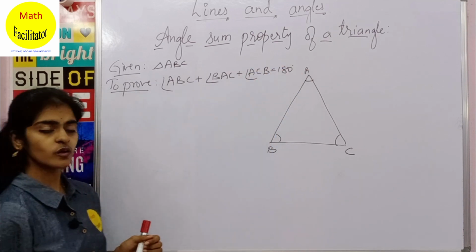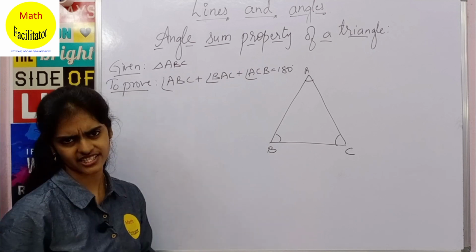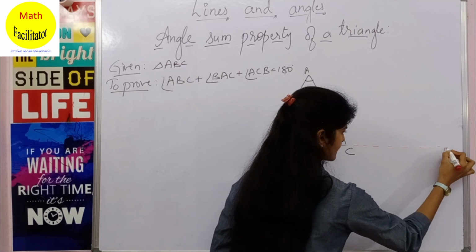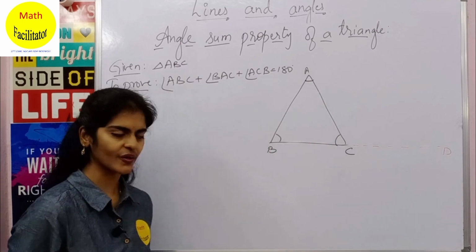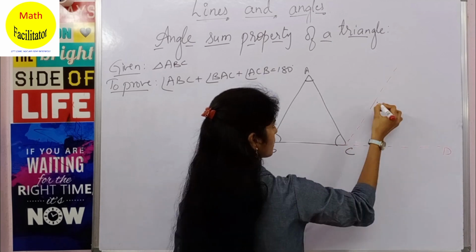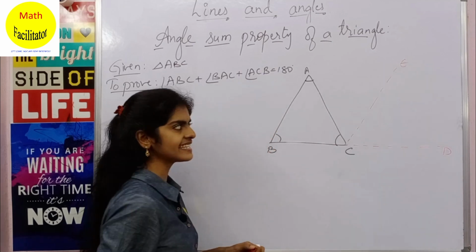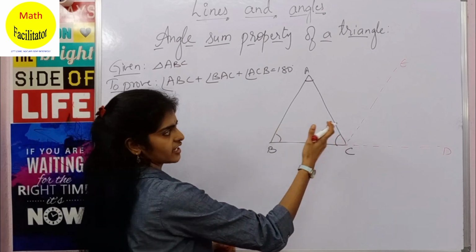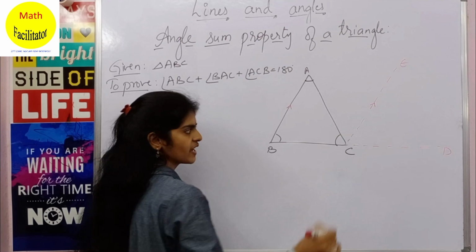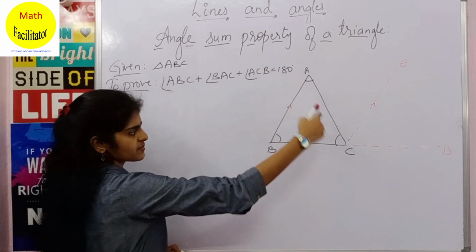Now for this, let us do a simple construction here. Let us extend this line BC to point D, and draw a line parallel to AB. So a line CE, draw it parallel to AB. As discussed, parallel lines you can represent with arrow marks, so AB is parallel to CE.